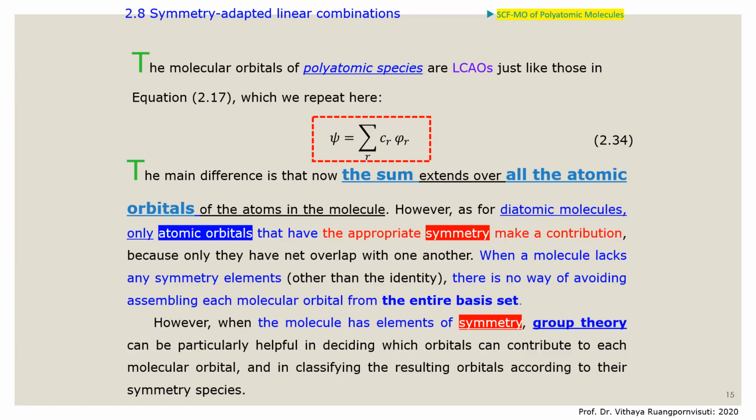However, when the molecule has elements of symmetry, group theory can be particularly helpful in deciding which orbitals can contribute to its molecular orbitals, and in classifying the resulting orbitals according to their symmetry species.